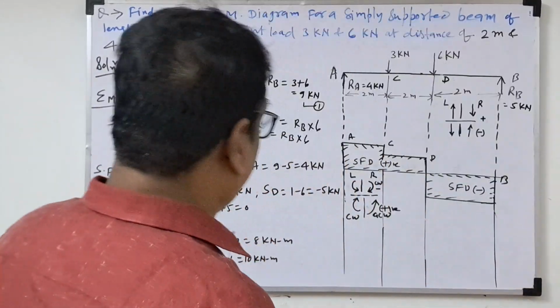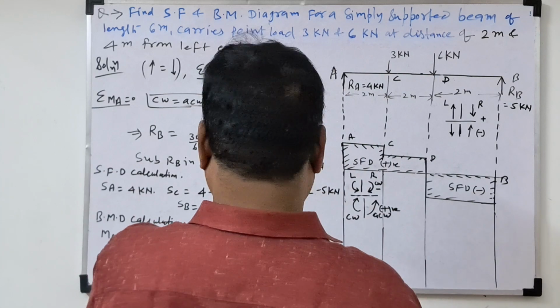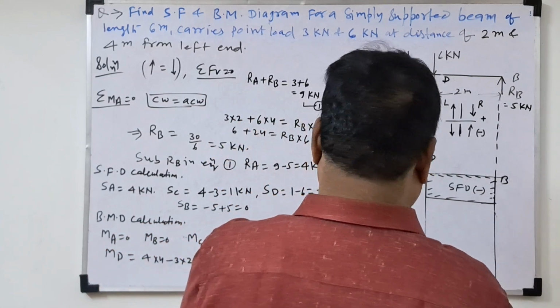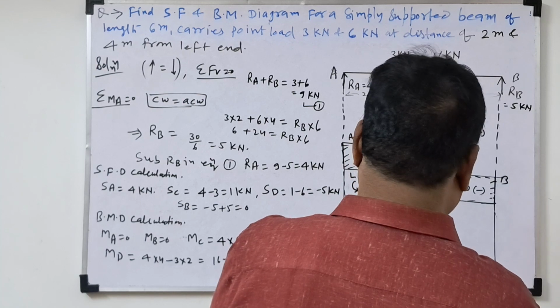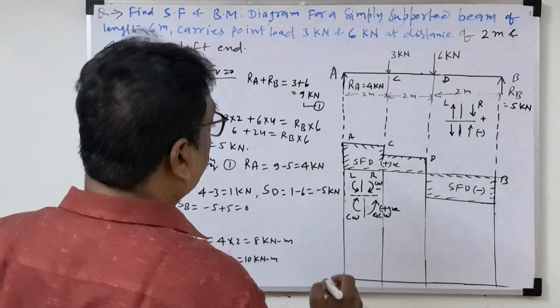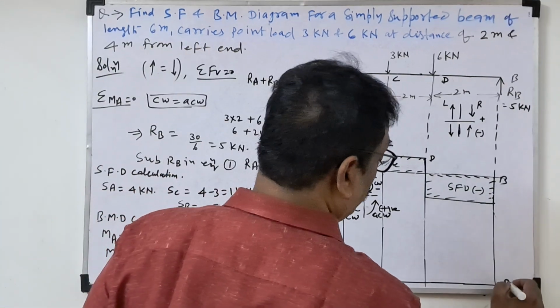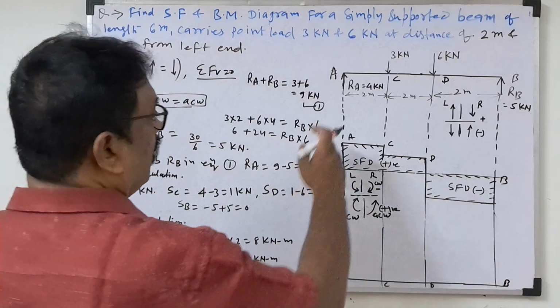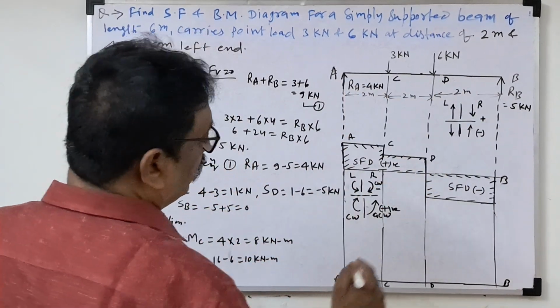Now we'll draw the diagram. If anything is negative, but here all positive. So draw the 0 bending moment diagram line. This is the 0 line for the bending moment diagram. You write here A, this is B, this is C, this is D. Now all are point loads only, so an inclined line only will be there.